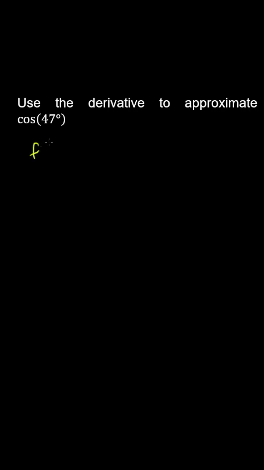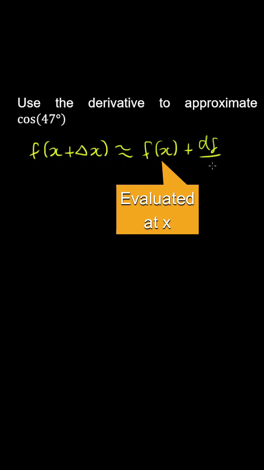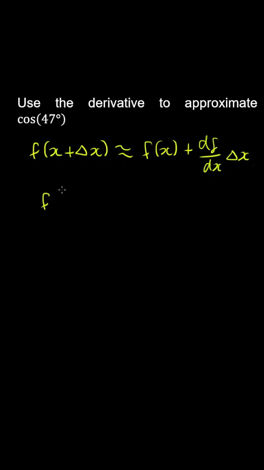Let's approximate cosine 47 degrees using the derivative. Remember that the linear approximation to a function is equal to the function plus df/dx by delta x. In this case f of x is cosine x, so the derivative of f with respect to x is equal to minus sine x. Here we need to use radians.